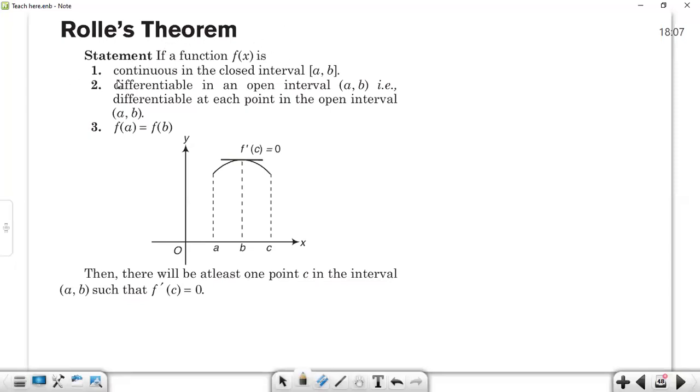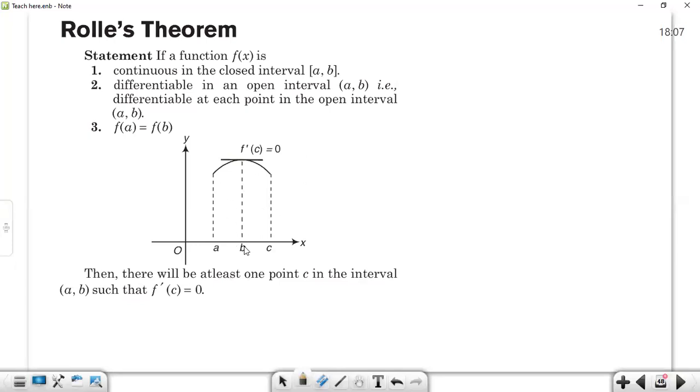Its statement is: if a function is continuous in the closed interval, meaning a and b both are included, and the function is also differentiable in the open interval a b, that is, differentiable at each point in between a and b, and the values of the function f of a and f of b are equal, then there will be at least one point c in the interval such that f dash of c is 0.